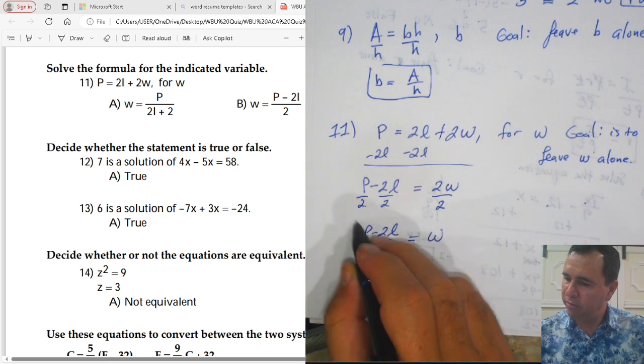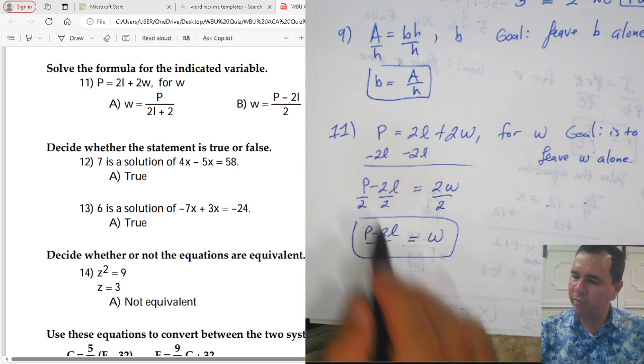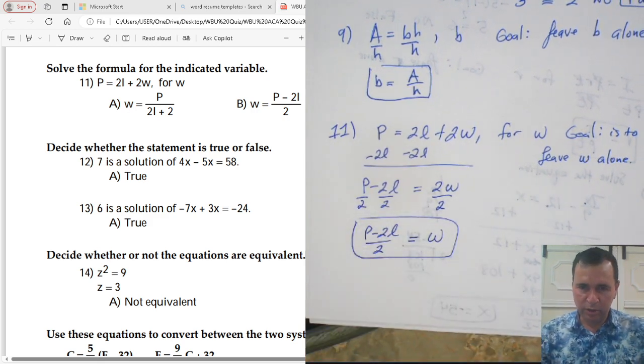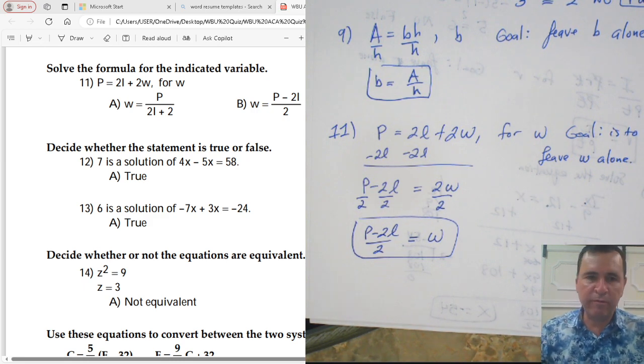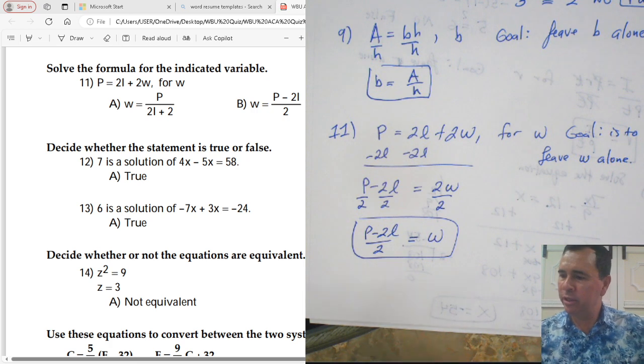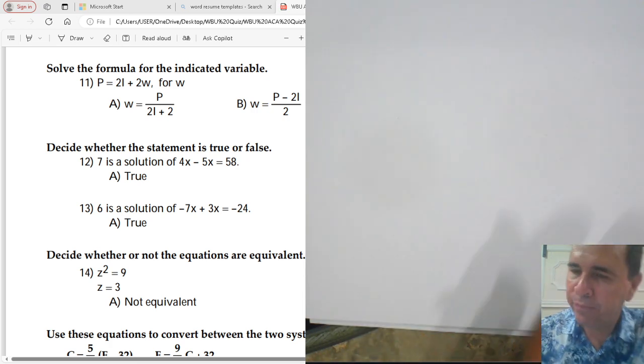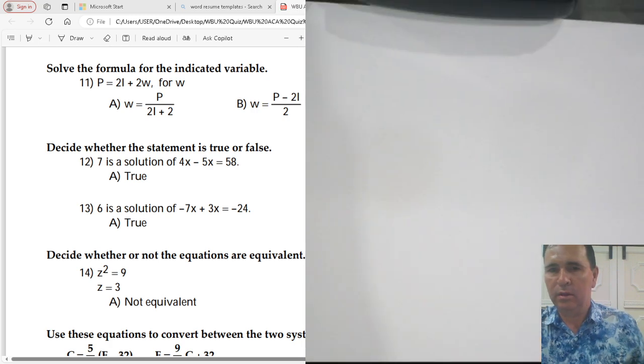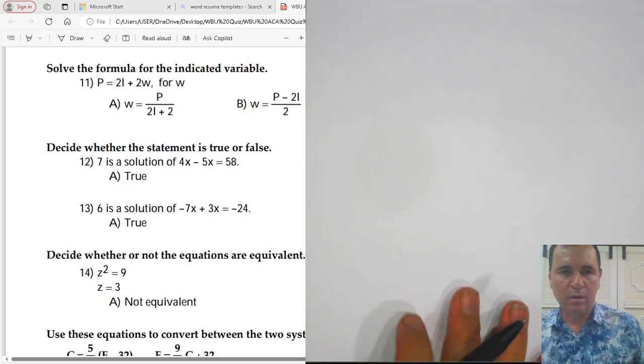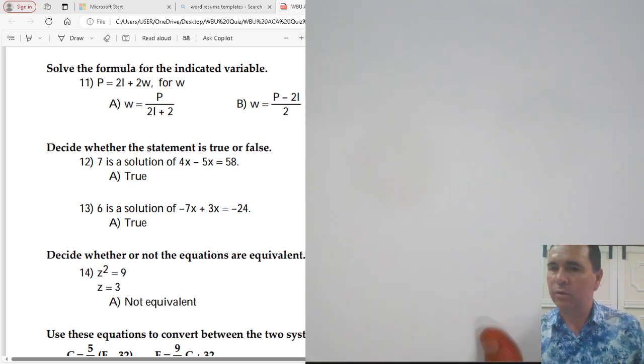And that's it. That's the final answer. They don't actually divide into each one. They just leave it there. Okay, you get to do number 12. I'll do number 13. So 13, all you got to do is check to see if the solution is true, right?